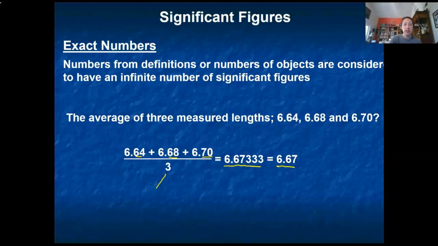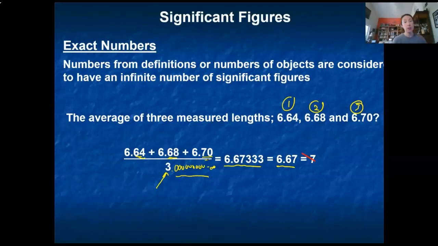In this case, 3 is a counting number, meaning we have 1 length, 2 lengths, 3 lengths. We don't have 3.15 or 2.98. This isn't a rounded number. This is an exact number. We have 3.00000000000 to infinity, right? That makes this one have so many more significant figures than either of these two. We don't use it in our calculation.